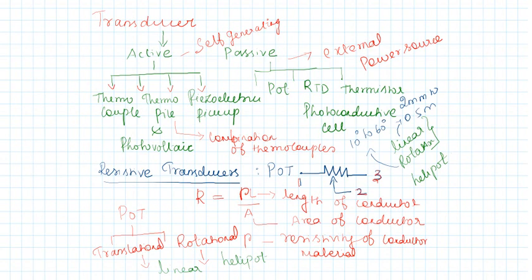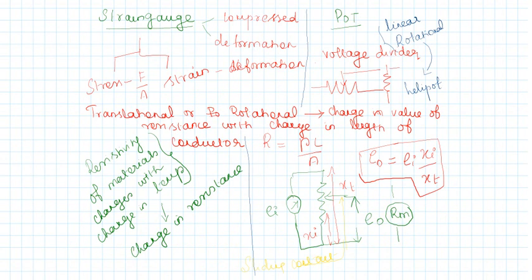The main thing is about the material, what type of material people use. The materials used in potentiometers are cermet, then hot molded carbon, then some metal film.